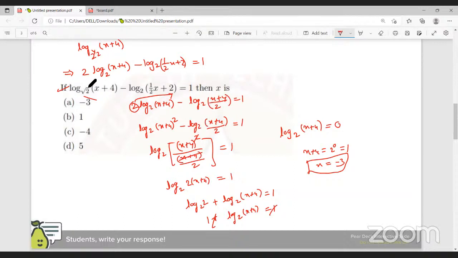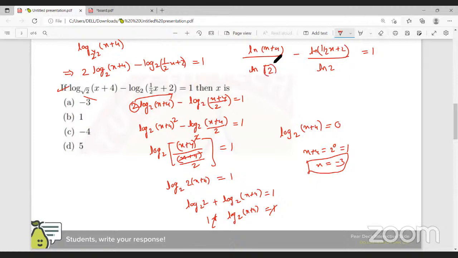Can anyone apply the base changing property here, converting into natural log? Okay, let's try. So I can write this as ln of (x + 4) upon ln of root 2 minus ln of half of (x + 2) upon ln of 2 equals 1. Now root 2 is 2 to the power 1 by 2.